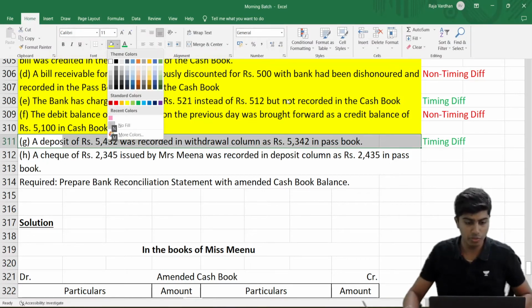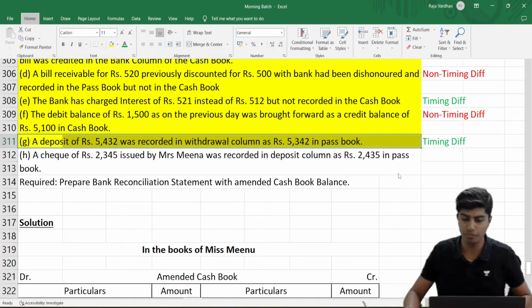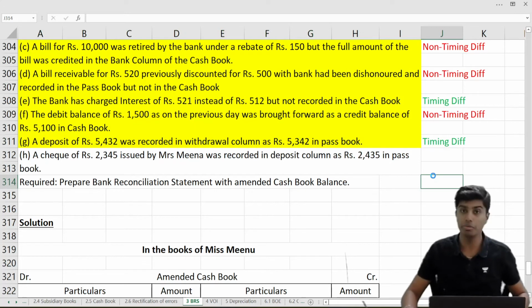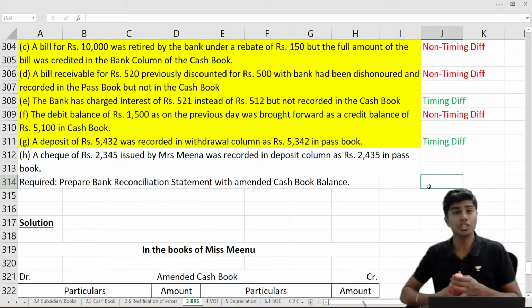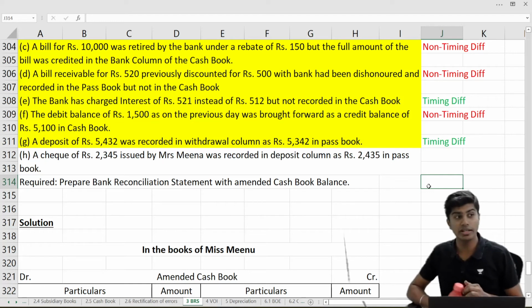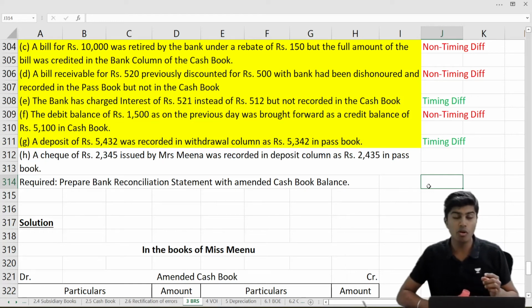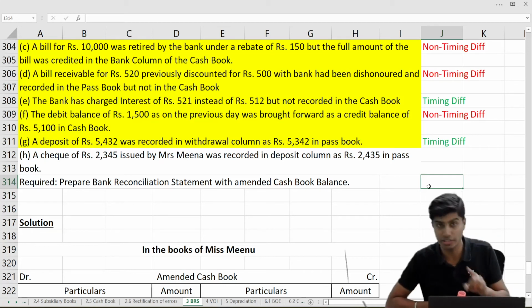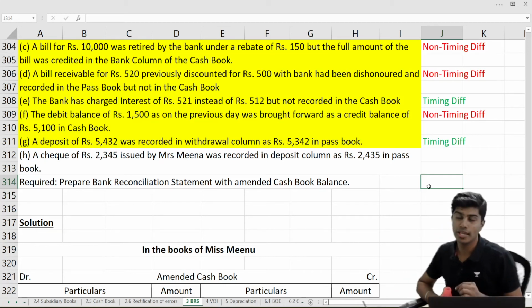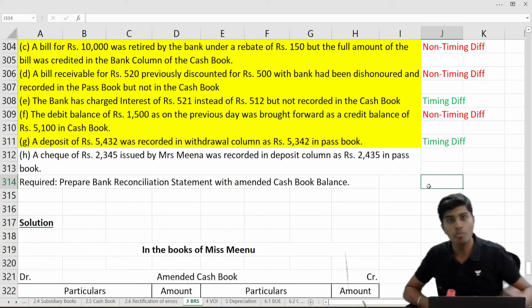Like I mentioned, I will be doing another video on another question from this very chapter, BRS with amended cash book. Please do watch that as well. After that, we're following up with another question on valuation of inventory. It's been a request from you all to do a question which will involve inventory reconciliation with rectification of errors. This is a beautiful question in our ICI material, Hanuman Limited.